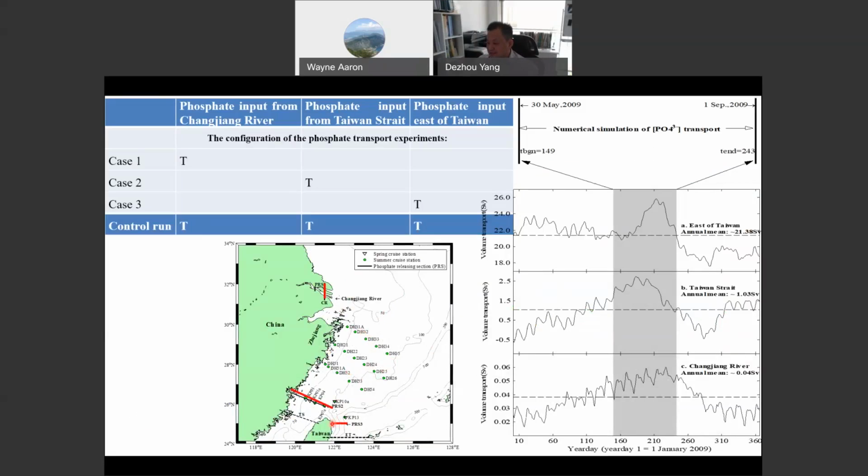So we release the phosphate at this section and this section and this section. It means in this area, its phosphate source mainly came from the Yangtze River. This section and this section. This section reflects the Kuroshio current.